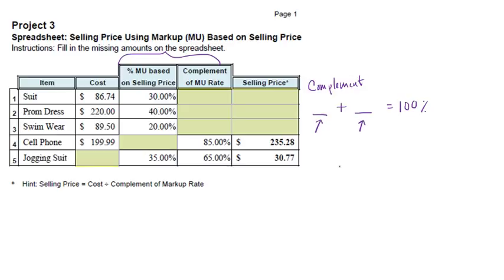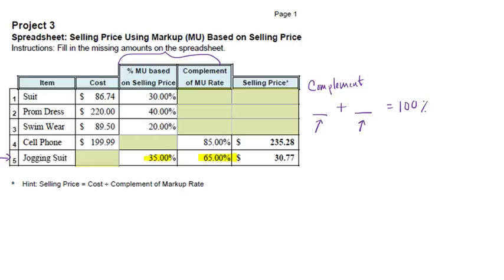it must equal 100%. For example, if I look at line 5 about jogging suits, I see that the percent markup based on selling price is 35%. Now, they ask the complement of the markup rate. I know that the complement of 35 must be some number that when I add it to 35, I get 100.